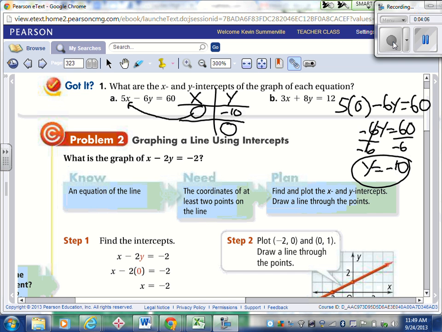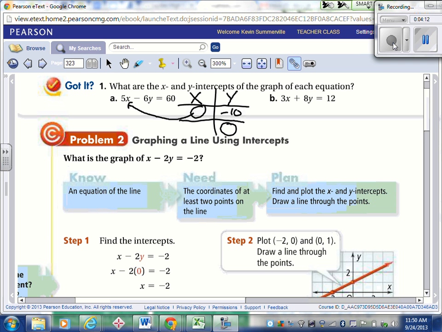Now I got to go back in and find out what the x-intercept is. So I'm going to rewrite this equation and put a 0 in for the y. So I have 5x minus 6 parentheses 0 equals 60. Next step, bring down the 5x. 6 times 0 is just 0, so I do not need to write the 0 down. Just put equals 60.